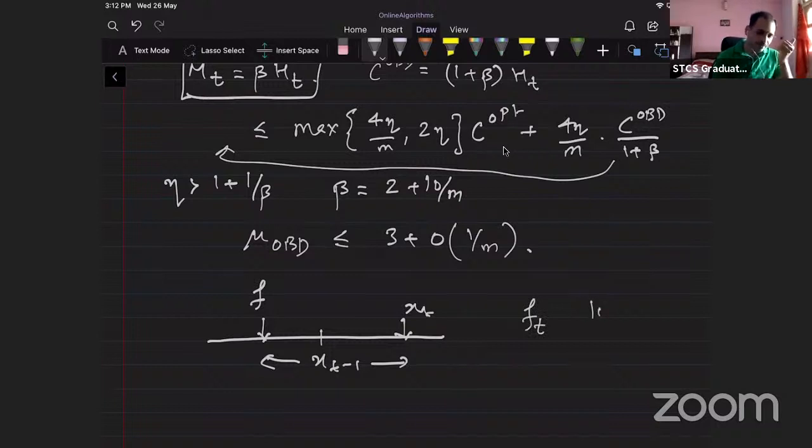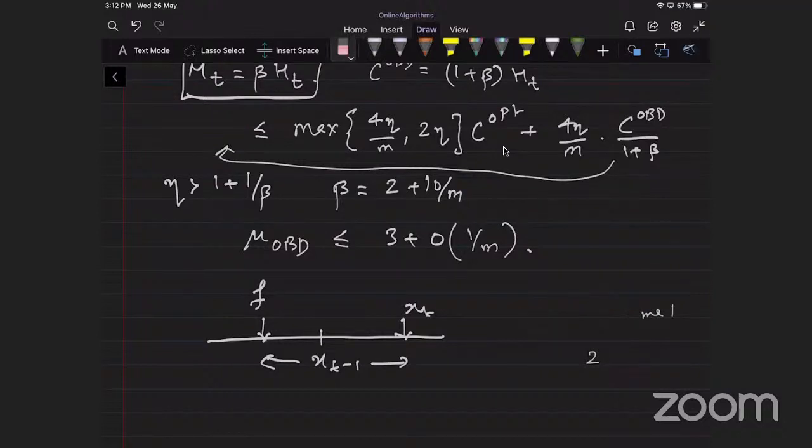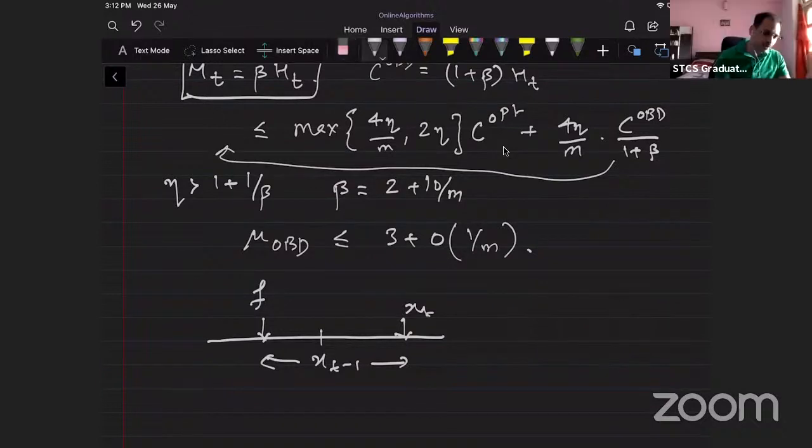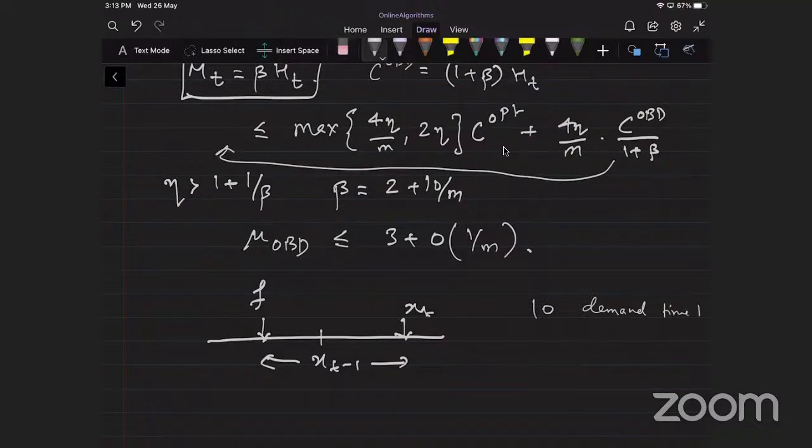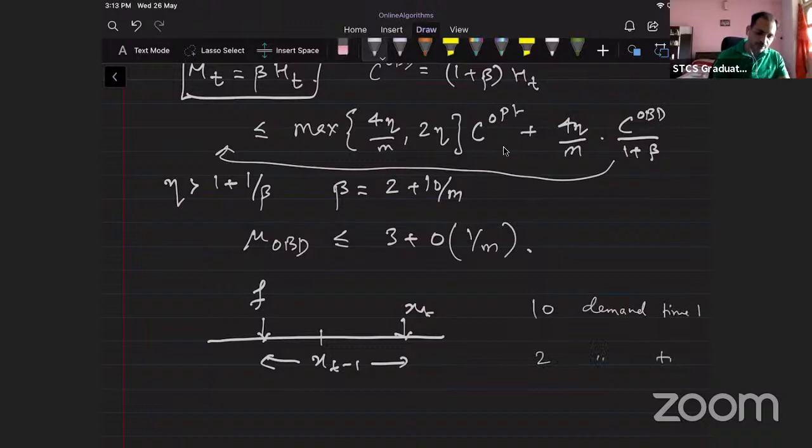So suppose 10 servers are working at time 1. Now 2 servers are working at time 2. Or 2 servers are needed. So okay, let's do this. Okay, so what is your example? Let's suppose 10 demands came at time 1 and 2 demands are going to come at time 2.